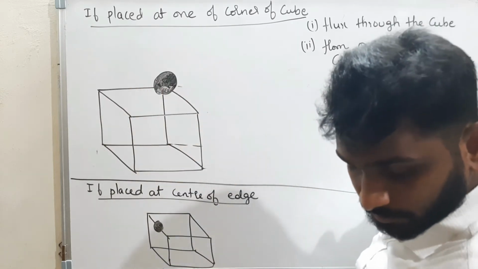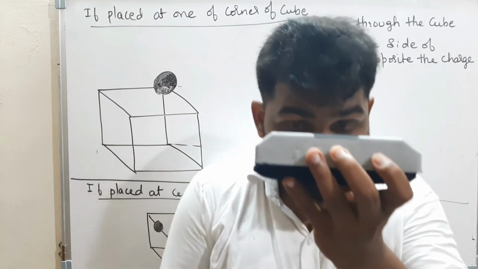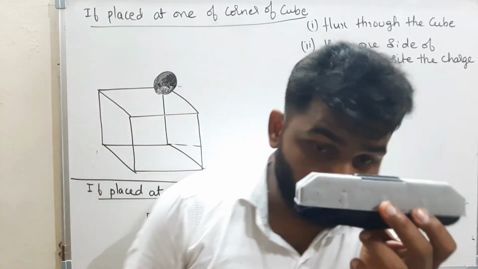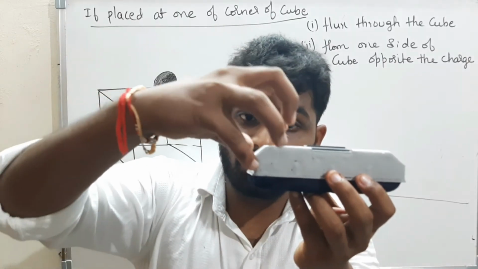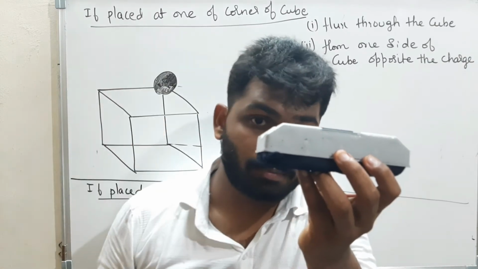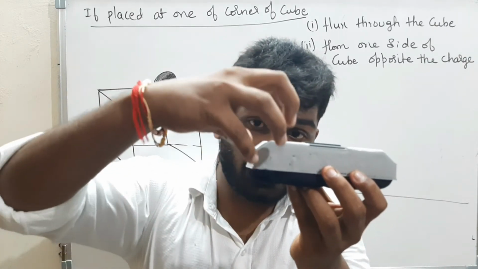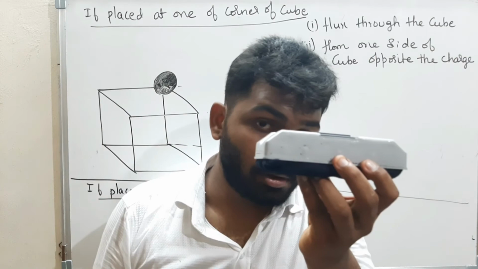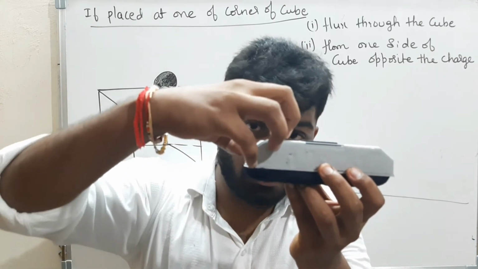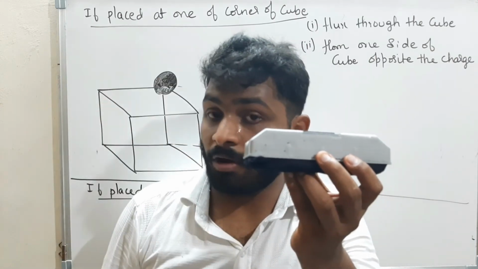Just imagine. This is the cube. Assume this is a cube, and the charge is here, at the corner. Now, to cover this charge, what do I need?